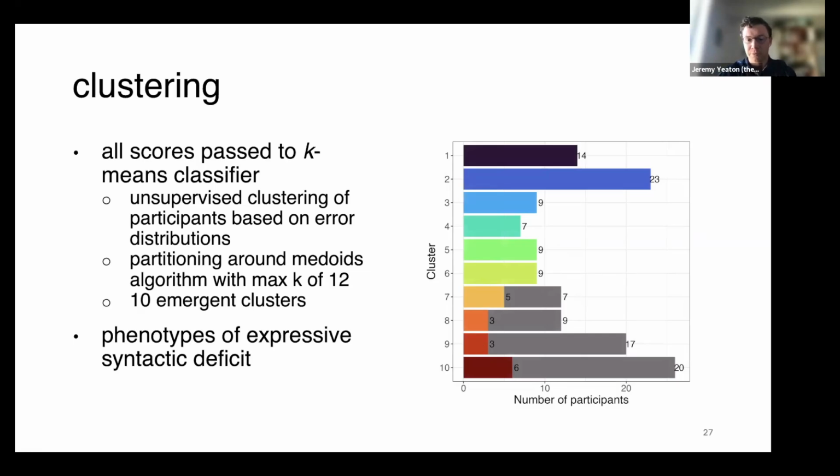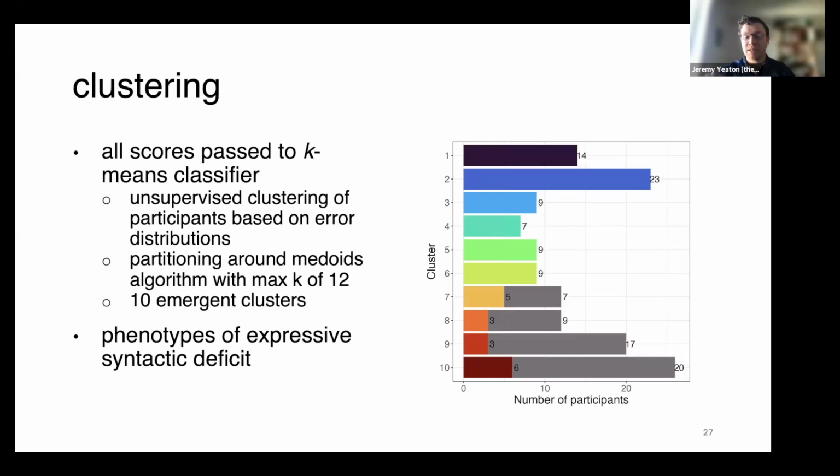And so we have these 4 groups down here that are mixed between healthy controls and people with aphasia, which is interesting for 2 reasons. One is that there are people with aphasia that pattern in the same way as healthy controls. So if we're only looking at the syntax level, there are people with stroke damage who are still producing syntax errors at the same rate as healthy controls.